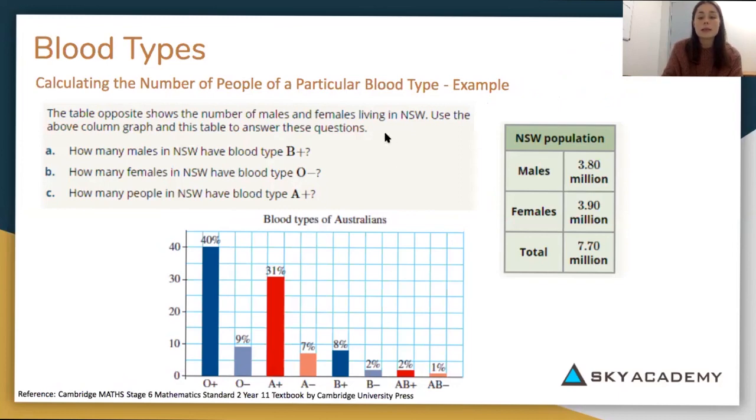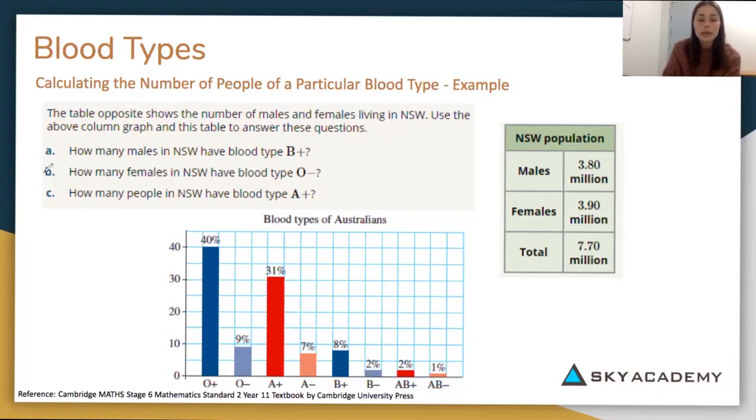We have 3.8 million males and 3.9 million females. Use the column graph, which is down here, and the table to answer these questions. Question A says, how many males in New South Wales have the blood type B positive?